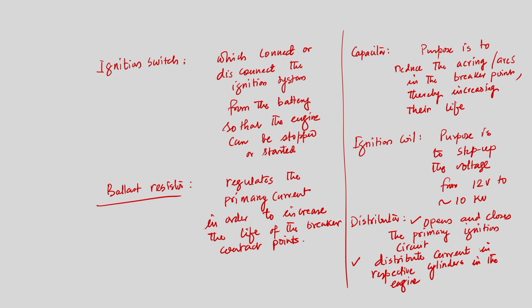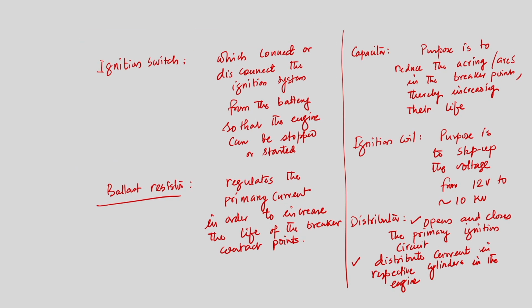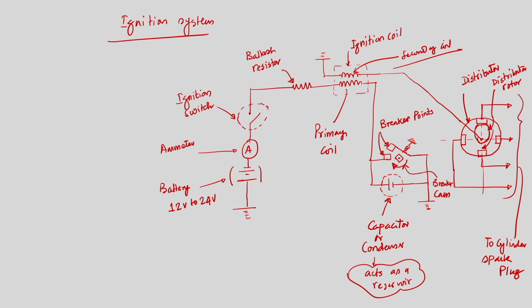If we go back to the previous slide, we can see the cam, the distributor rotor is in contact with this small point. Now, when the distributor rotor opens the contact point, what will happen to the magnetic flux developed in the ignition coil?